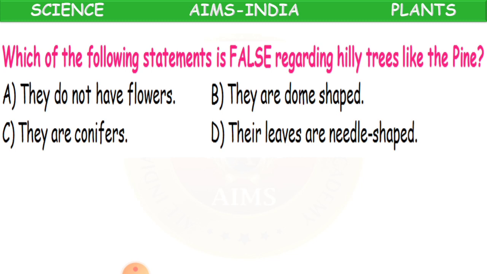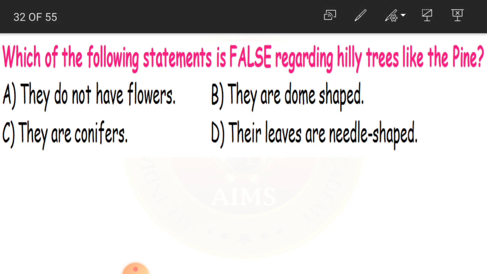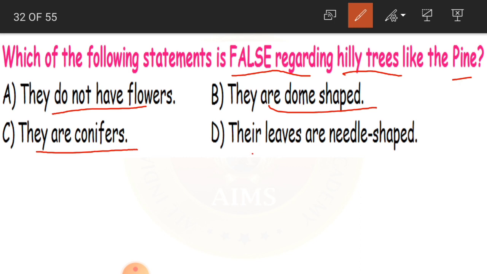Okay children, now the next question: which of the following statements is false regarding hilly trees like the pine? So what are they? They do not have flowers, they are dome shaped, they are conifers, their leaves are needle shaped.